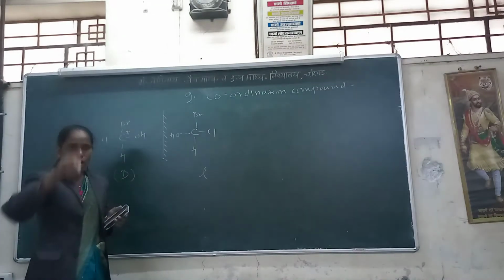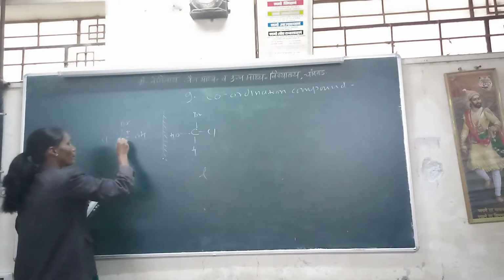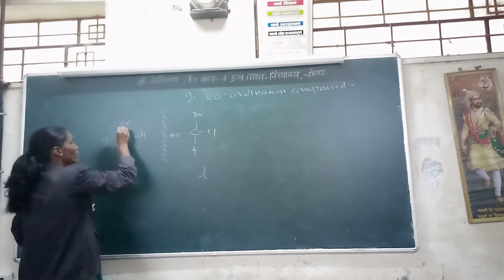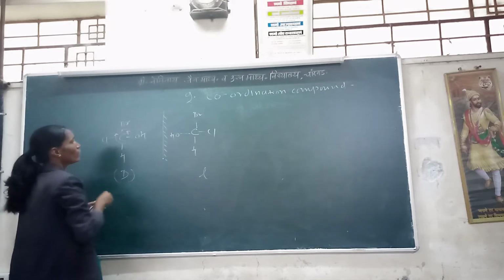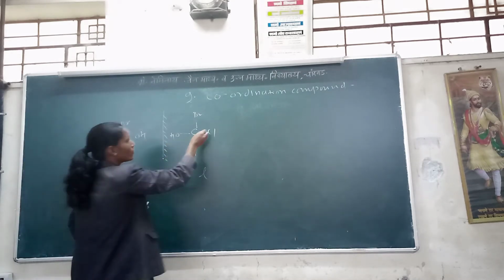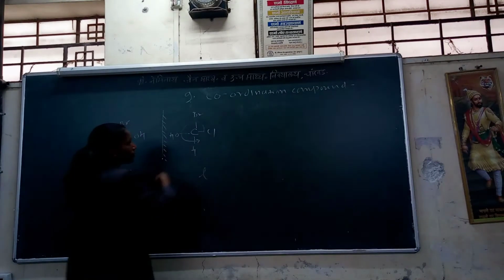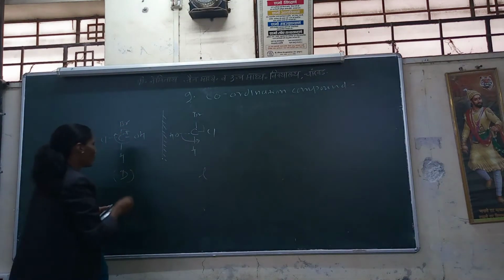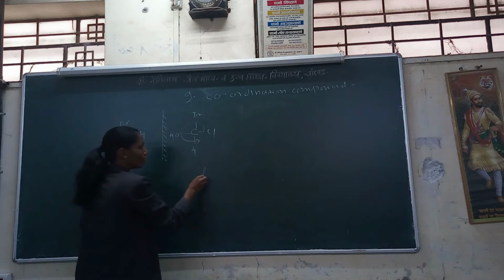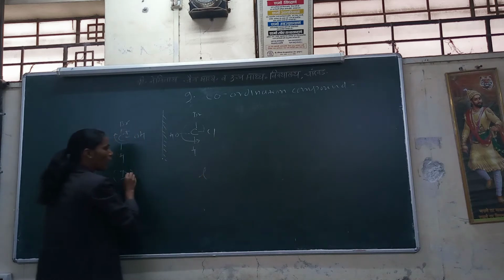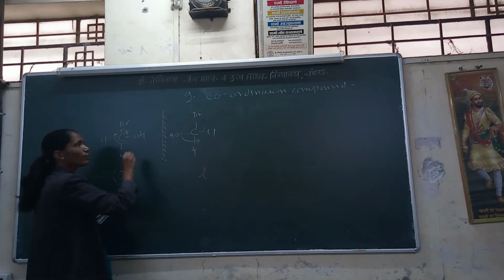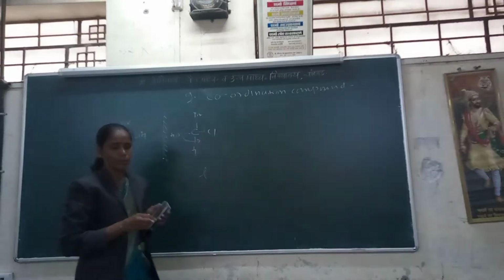Dextro means clockwise if the priority goes this way, while here the priority goes anti-clockwise, that is levo. These two are mirror images, and these two isomers are optical isomers.